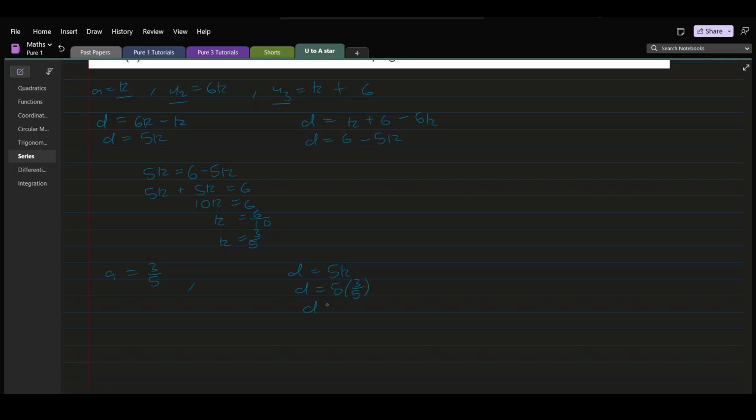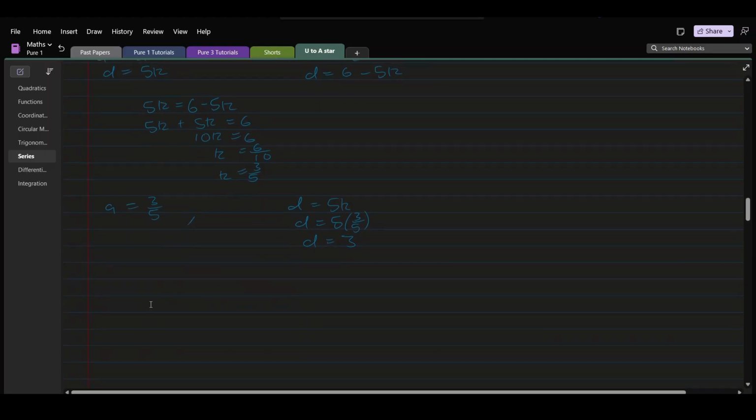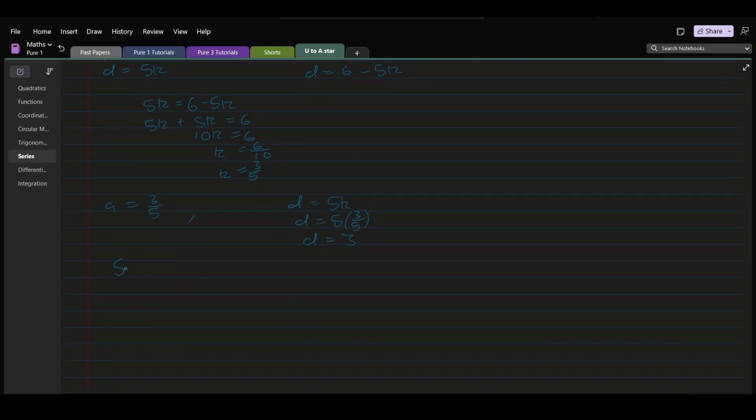And this means that d is equal to 3. Now let's evaluate the sum of the first 30 terms. So the sum of the first 30 terms is equal to half times 30 times 2 times a, which is 3 over 5, plus n minus 1, that's 30 minus 1, times d, which is 3.